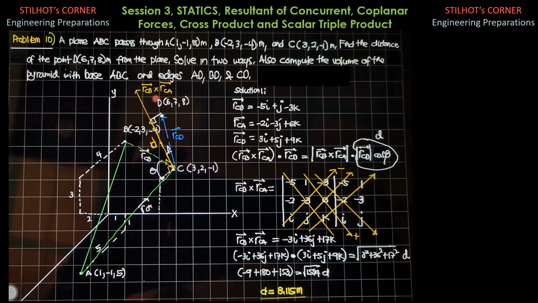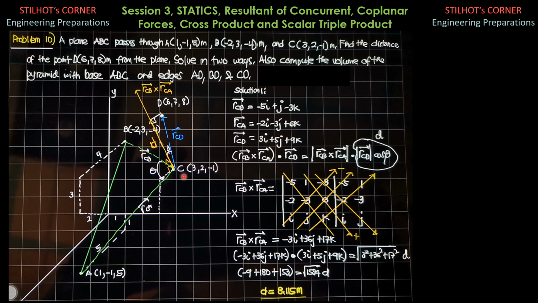So this would be perpendicular to the plane of ABC, or perpendicular to CB and CA. So rCB in vector form, r from C to B: -2 minus 3, -5i, 3 minus 2, so 1j, -4 minus -1, -4 plus 1, -3k. Then for CA, 1 minus 3, terminal is A, 1 minus 3 is -2i, -1 minus 2, -3j, 5 minus -1, so positive 6k.